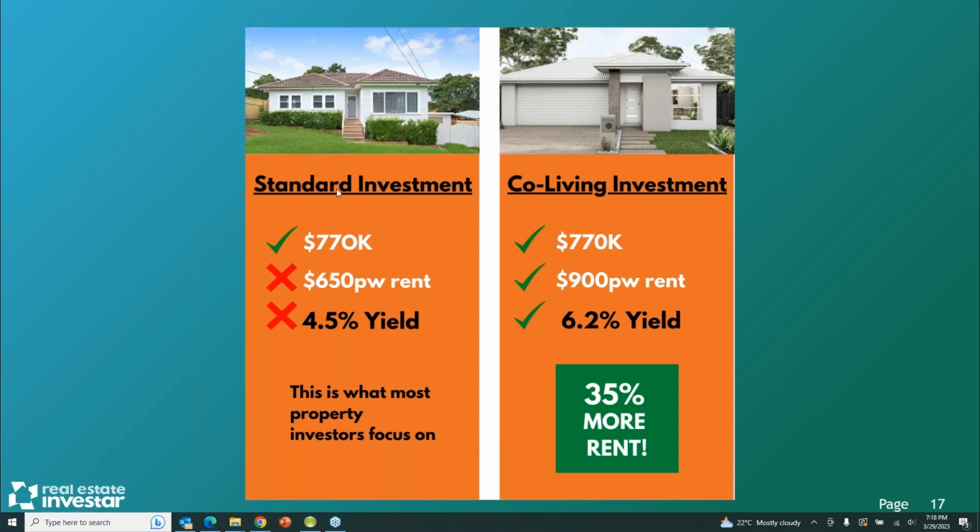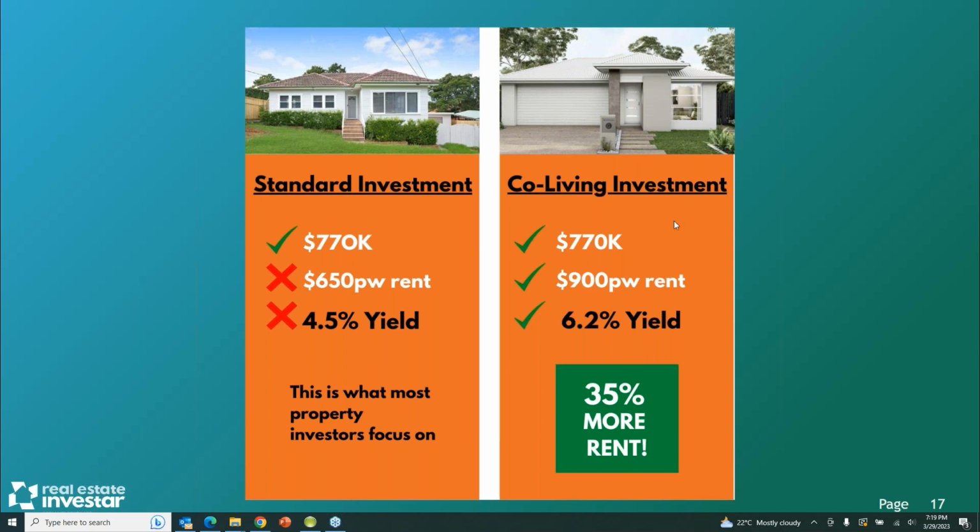On the left-hand side is the standard house. These figures are based on the Queensland market. On a property worth about 770K, the average house, we're going to get about $650 a week, which is about a 4.5% gross rental yield. If we're borrowing money at 5.5 to 6%, that's going to be a negatively geared property.